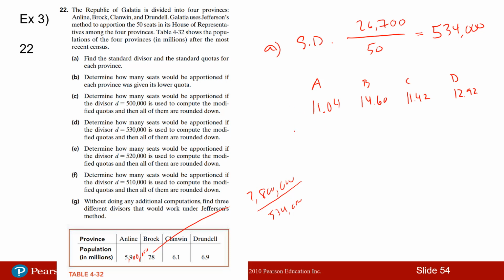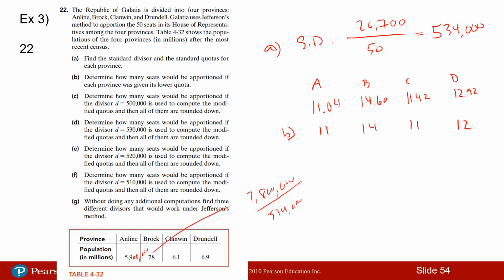So determine the seats of each province given its lower quota. So B would be here now. The lower quota would be then 11, 14, 11, and 12, right? That would be your lower quota. Oh, okay.